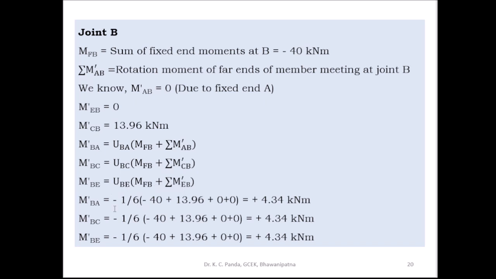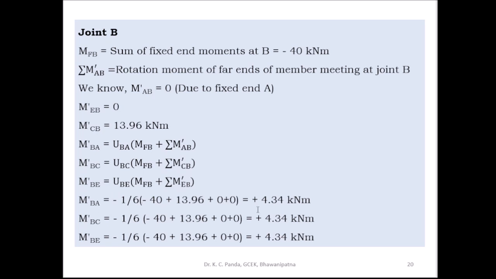You know the rotation factor -1/6 and the fixed end moment of the joint B -40, and this is the rotation moment of the far end. One side the rotation moment you got at the joint C in the second cycle, that rotation moment you have to take as the far end rotation moment for joint B. For the other two ends, due to the fixed end, take the rotation moment equal to 0.